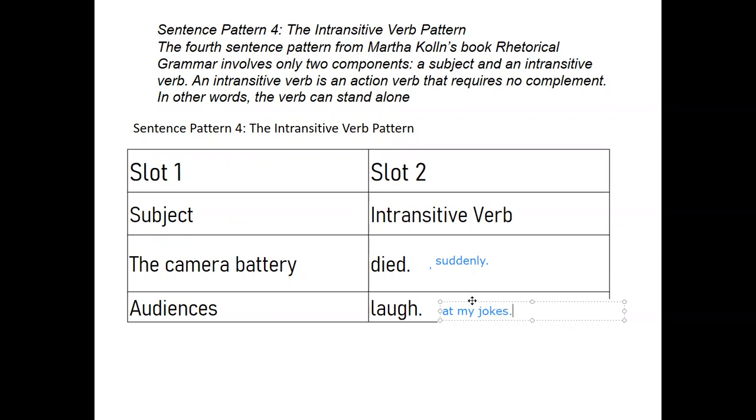Whether we add modifiers or not, the meaning of the sentence remains. The camera battery died. The audiences laugh. For example, the camera battery died suddenly.